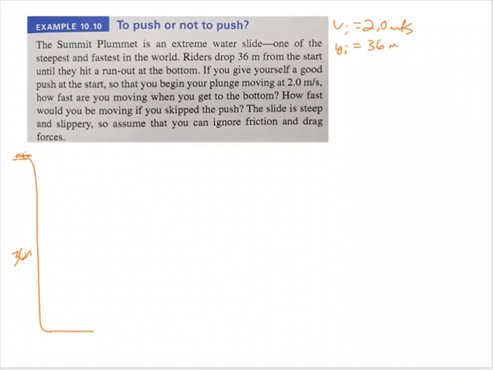So is y final 0? Y final is 0 meters. Okay, and what are we doing here? We're trying to figure out how fast we are at the bottom. So at the bottom, hopefully we're still on the track, we're going to have v final down here.